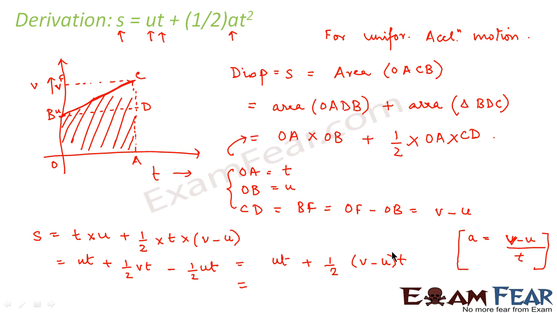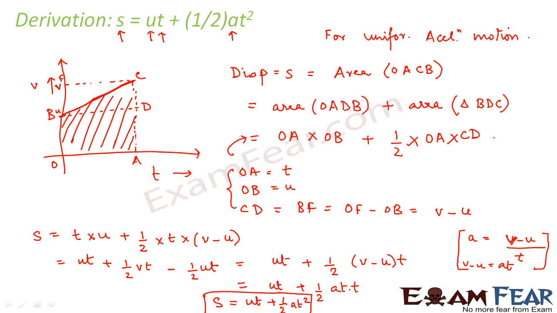So now instead of V minus U, we can write V minus U as AT. So we will put V minus U as AT into T. So this will be equal to UT plus half AT square.